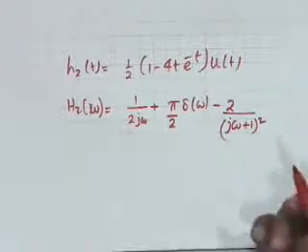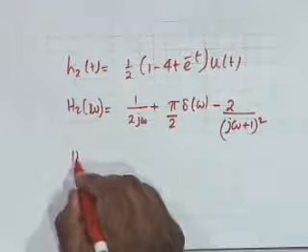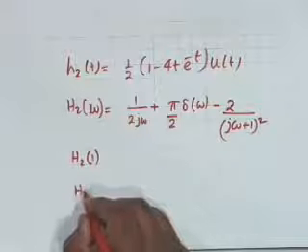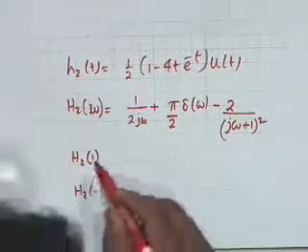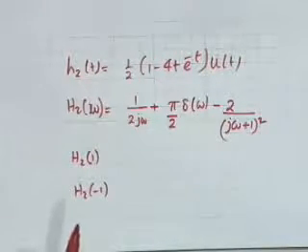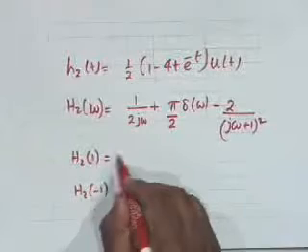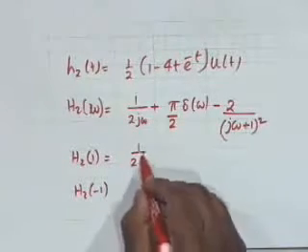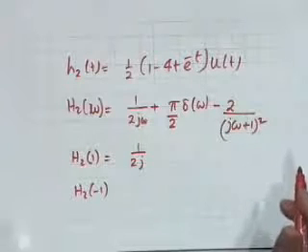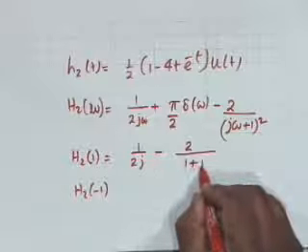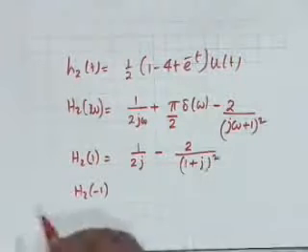Alright. Now you can also simplify this, that is h2 of 1, this is something we require, and h2 of minus 1. Do we have to calculate both? No. If we calculate h2 of 1, the other one is the complex conjugate. So there is a time saving here too, a time saving device. And h2 of 1 is 1 over 2j, delta omega does not count, minus 2 divided by 1 plus j whole squared.